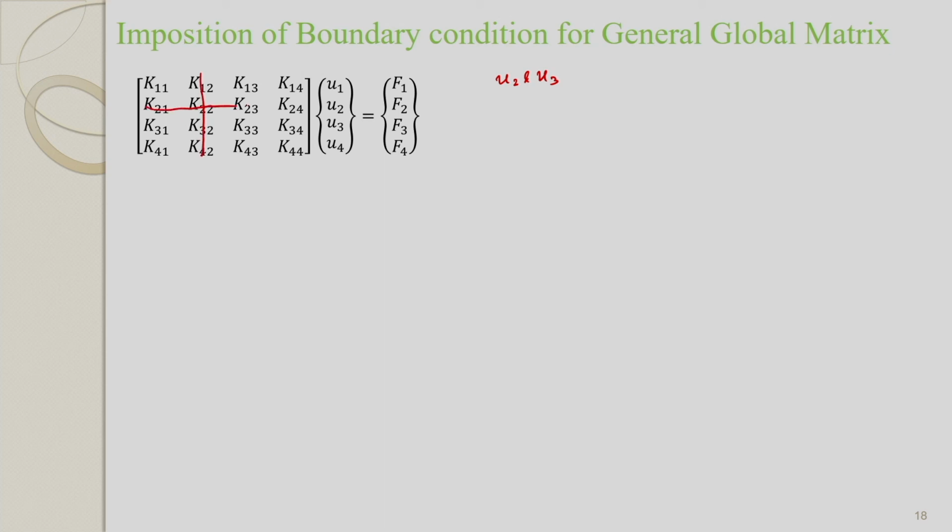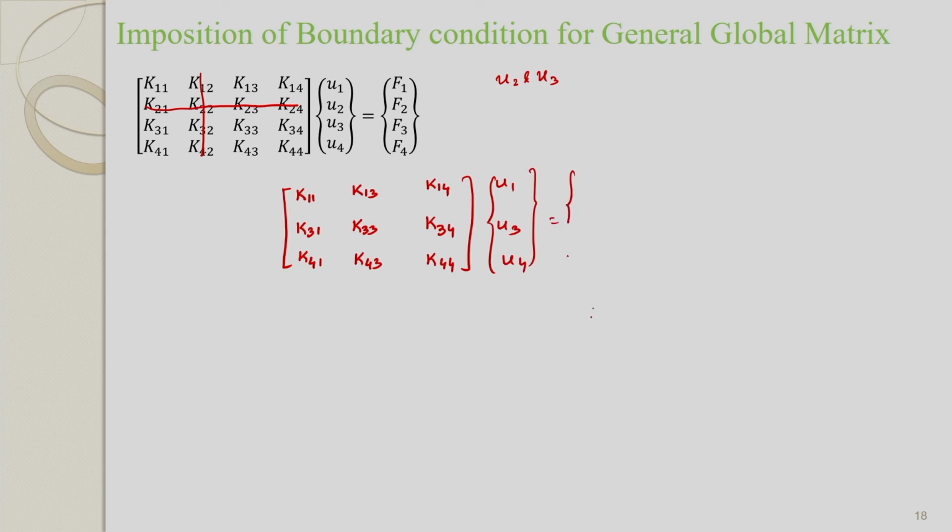Then our new stiffness matrix is K11, K13, K14, K31, K41, K33, K43, K34, K44, with U1, U3, U4 and F1, F3, F4.